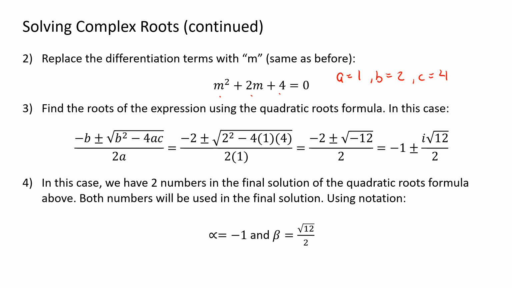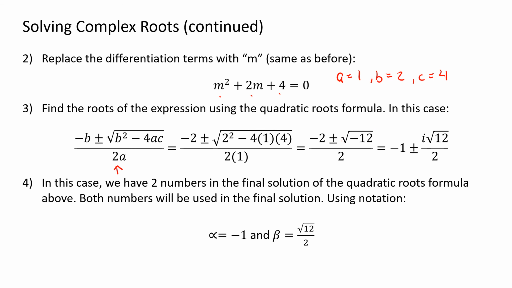So if we substitute them in to our quadratic roots formula, we get negative 2 plus or minus the square root of 2 squared minus 4 times our a and c terms, 1 and 4, divided by 2 times our a term, which is 1. And you can see here we're left with negative 2 plus or minus the root of negative 12.